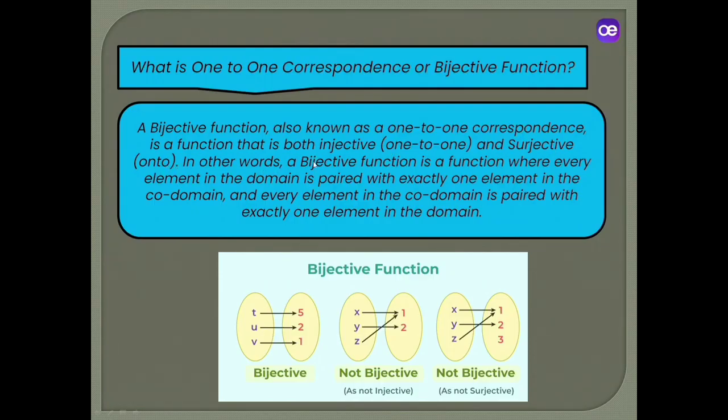In other words, a bijective function is a function where every element in the domain is paired with exactly one element in the codomain, which is the concept of an injective function from this to this. And every element in the codomain is paired with exactly one element in the domain, which is the concept of surjective function. Now, let me explain the bijective function here.